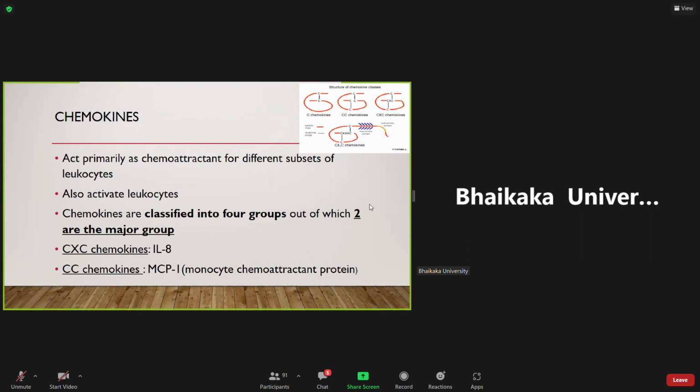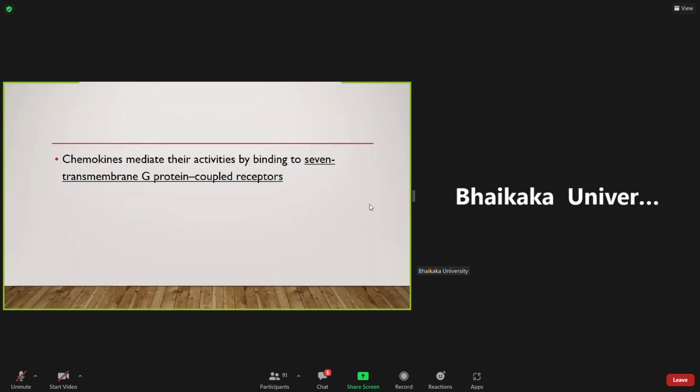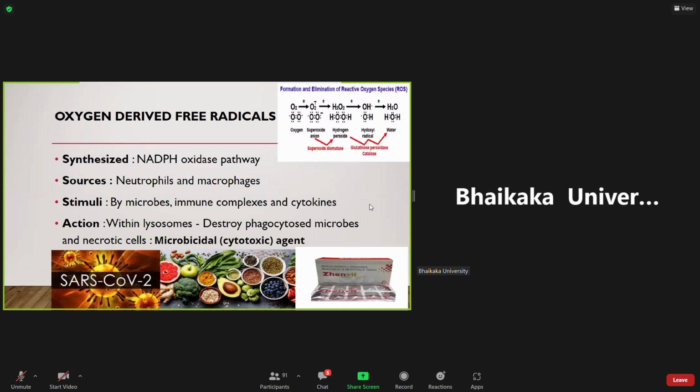One are your CXC chemokines and another ones are your CC. So CXC ones, they are interleukin 8 and CC are your monocyte chemoattractant protein 1. So they mediate their activities by binding to the G protein coupled receptors, which are 7 in number. So that was all about your chemokines.